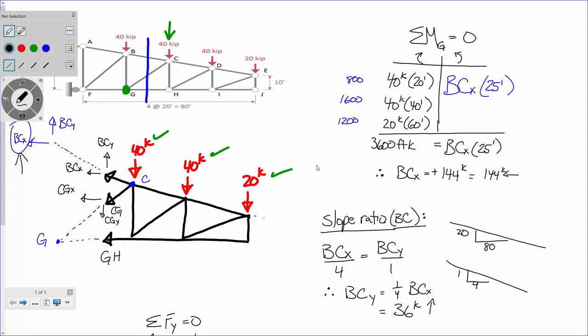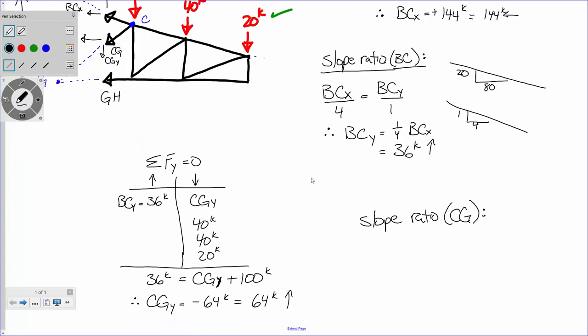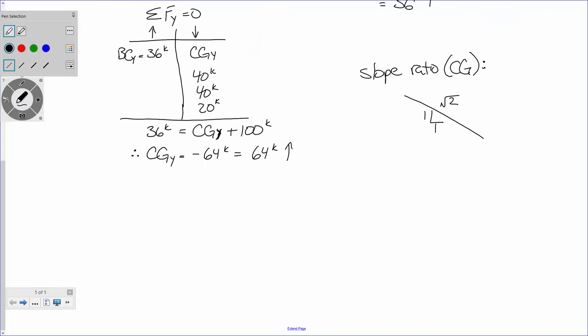So if I draw that member out, that would be 1, 1. Y'all remember what the hypotenuse is? Square root of 2, right? So if I start to try and write an expression, would you agree that CGY is to 1 as CG is to the square root of 2? Do you agree with that?